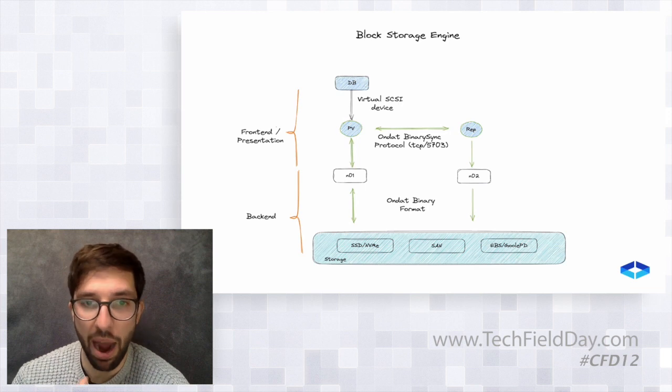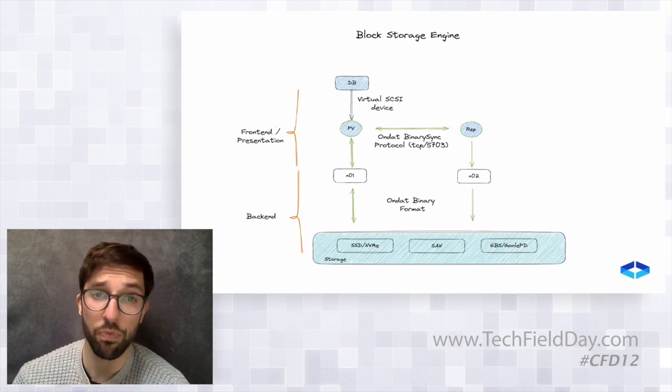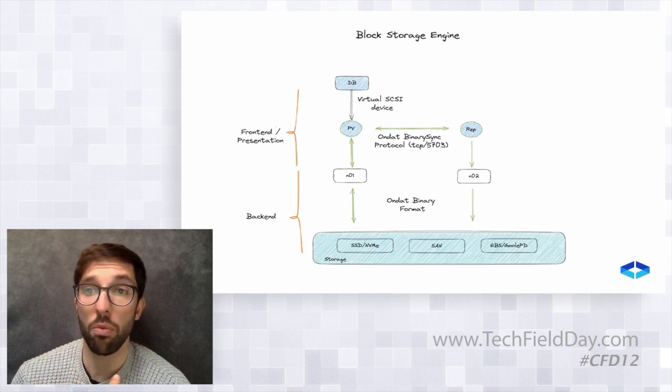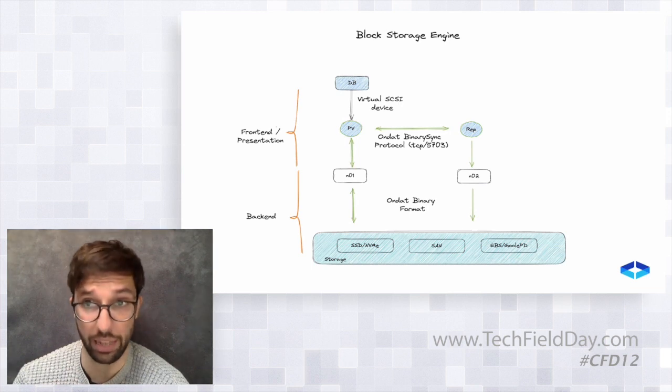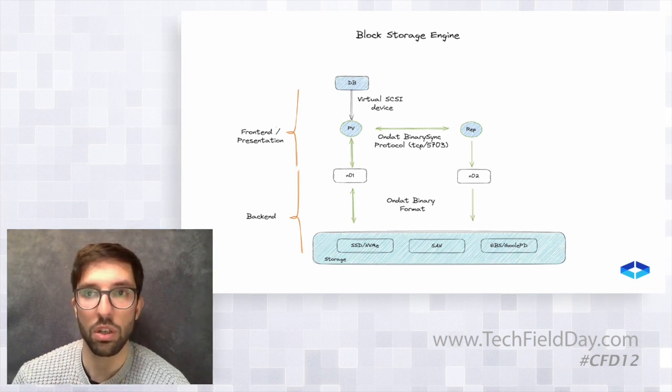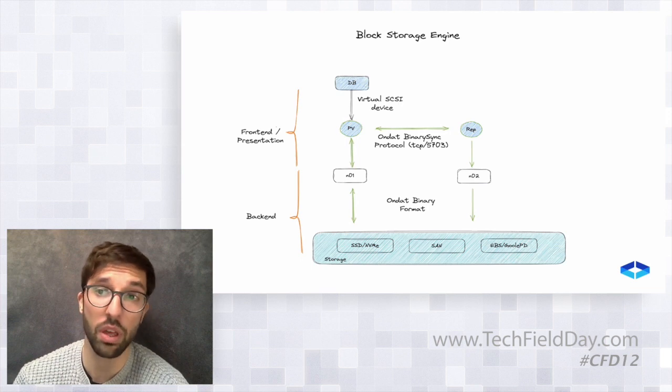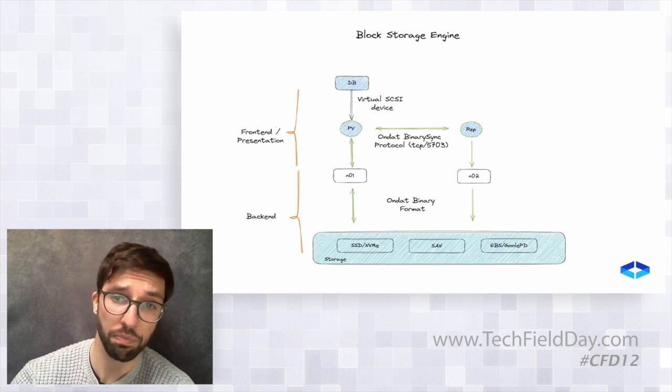So we have our own binary format to write to disk, and our own binary synchronous protocol to make sure that we are really fast on sending data across the network. So once this block of data is sent, we can control exactly how we do things to maximize performance.